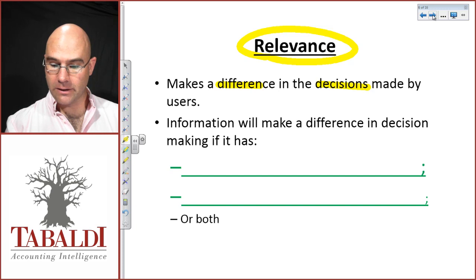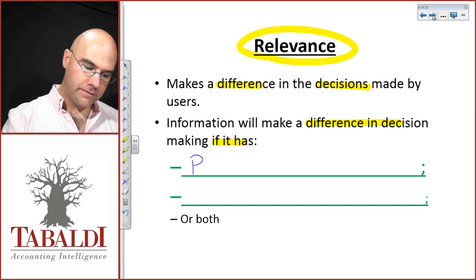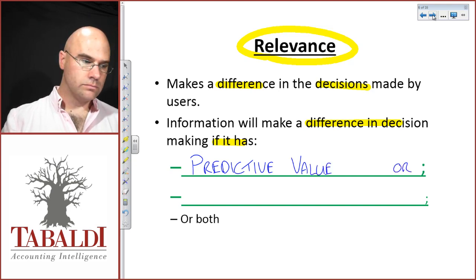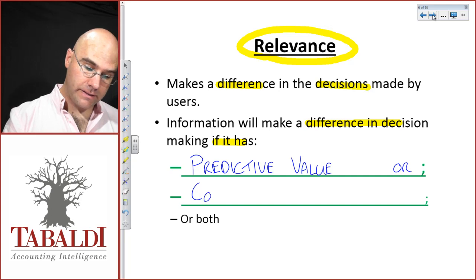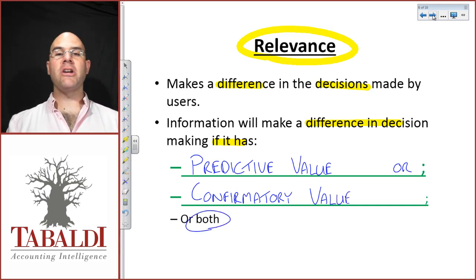Information will make a difference in decision making if it has the following two values, namely predictive value or it may be relevant if it has confirmatory value, and sometimes information may have both predictive and confirmatory value.